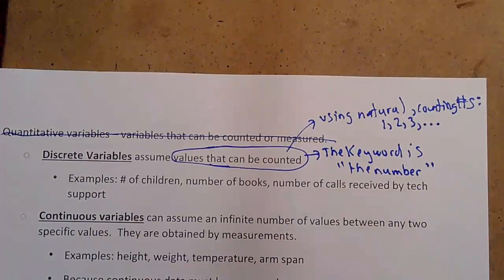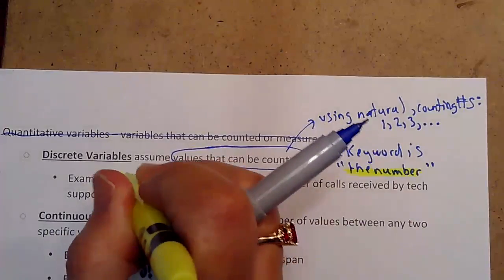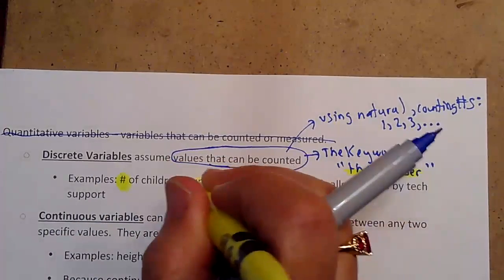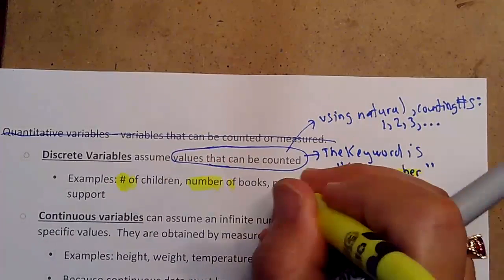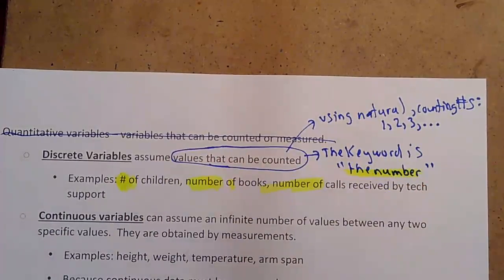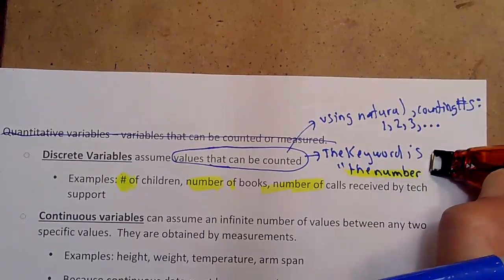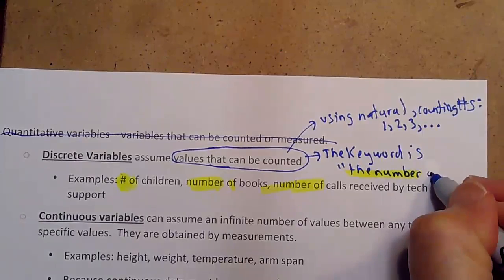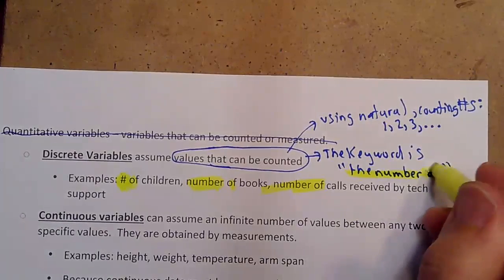The number, I consider that a keyword. So the number of children, the number of books, the number of calls. So I'm actually going to add the word of in here. The number of as a keyword. Okay.